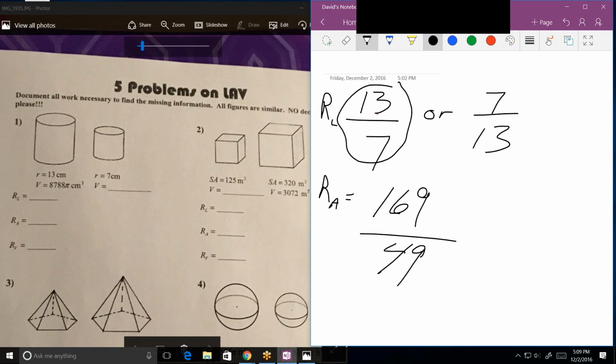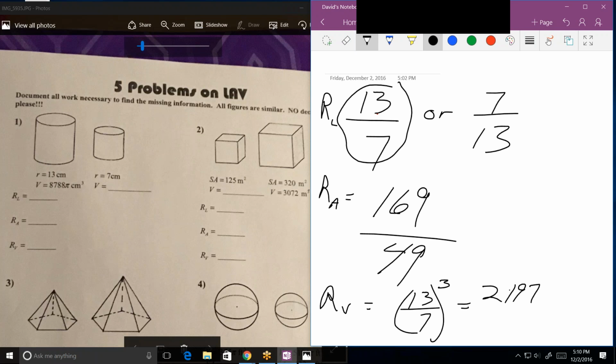And what's the volume ratio? You're probably going to need a calculator. I don't know what this is, but it's 13 over 7 cubed. What is that? It's 2,197 for 13.